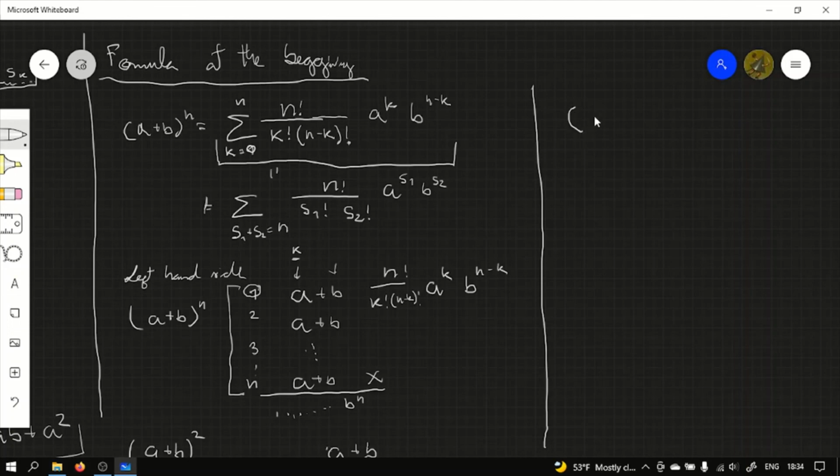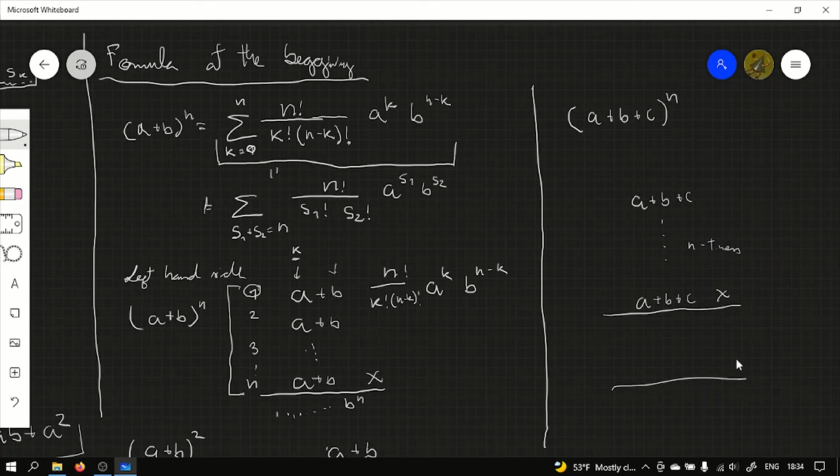Now if we have (a + b + c)^n, so we have (a + b + c), (a + b + c), n times, and we have to do all the combinations here when we multiply, and then here we sum everything that we have here as a result. But again, here we have n elements. We can put each on the first, second, or third space.